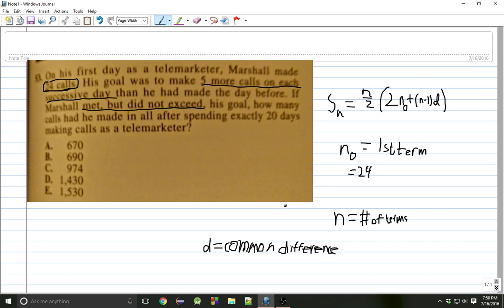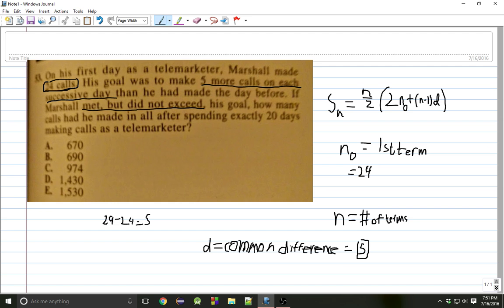In our case, we could do 29, which is our second term, minus 24, but we're already essentially given that our common difference is 5. So d equals 5.